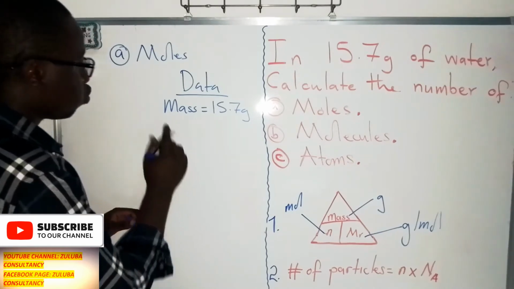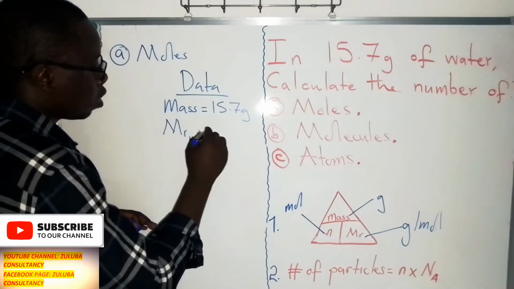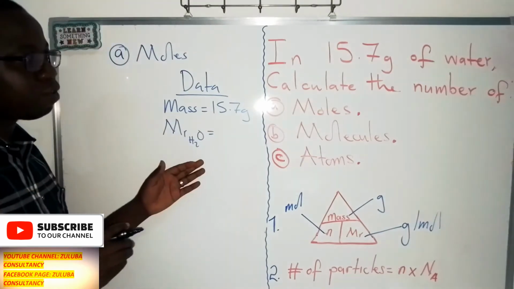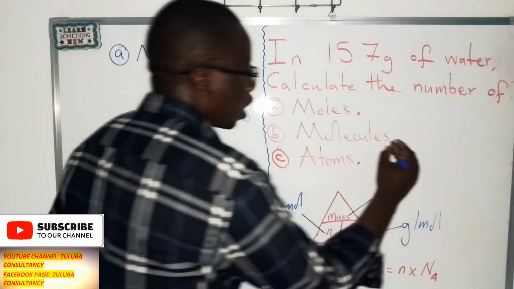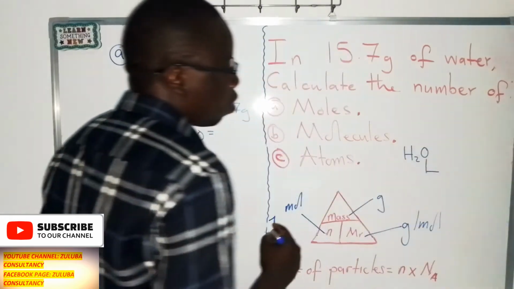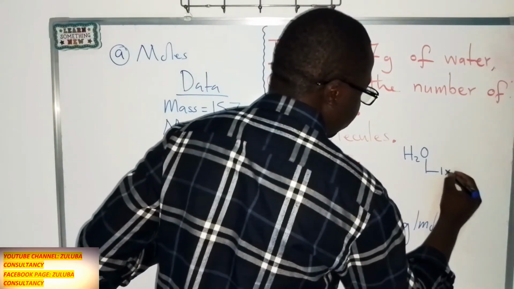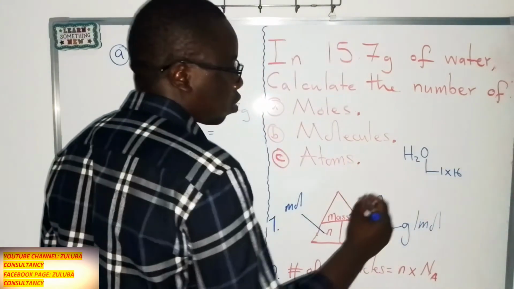After we have the mass, we need to get the molar mass for water. Now, for us to get the molar mass for water, we look at the water molecule. Then we look at how many atoms of each element are there. We have 1 oxygen atom multiplied by the relative atomic mass, which is 16.